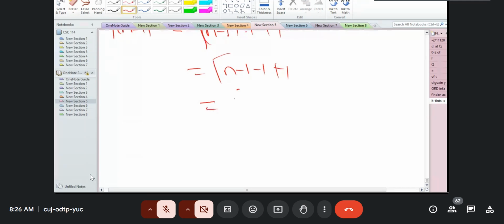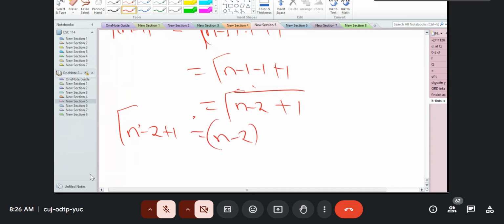So this is equal to gamma of n minus 2 plus 1. Again, when you have gamma of something plus 1, you factor out that something. So in this case, gamma of n minus 2 plus 1 is equal to n minus 2 times gamma of n minus 2.